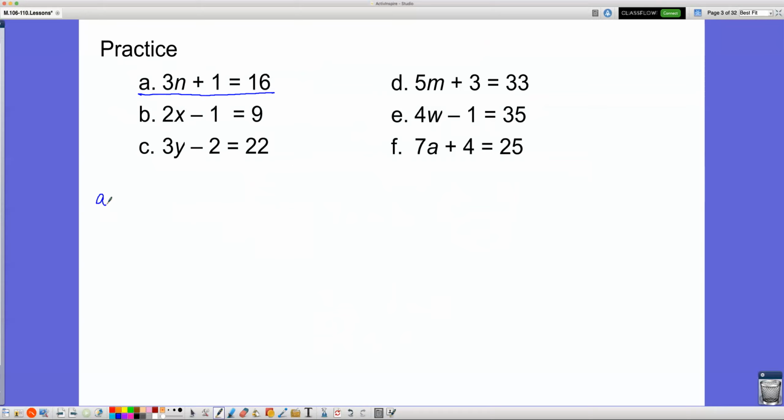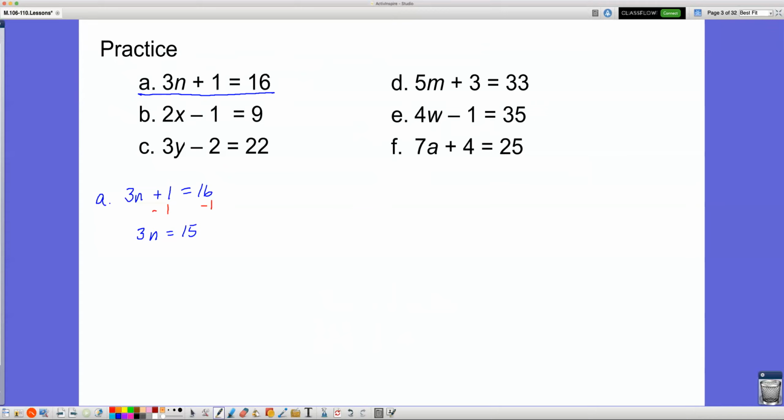All right, for A, I'm just going to rewrite the problem. If you have a piece of paper and you're rewriting this, this is what you should be doing. 3n plus 1 equals 16. I'm going to subtract that 1. So I'm going to take 1 away from this side, and I'm also going to take 1 away from this side. It results in a new problem. Now I have 3n equals 15. 16 minus 1 is 15.